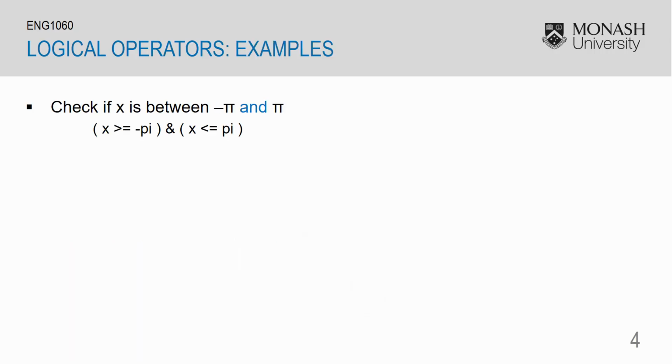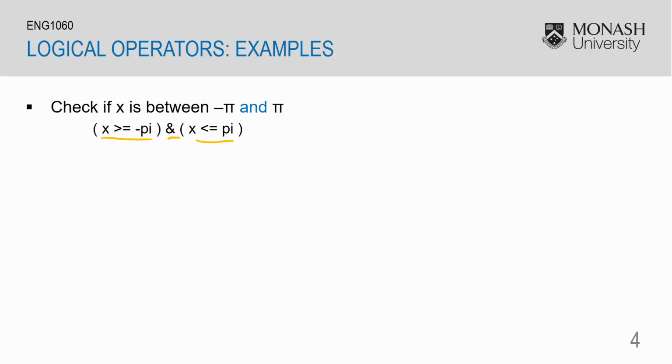Here I'll go through several examples. This statement here is we're checking whether x is between negative pi and pi. In MATLAB, we would write this as x greater than or equal to negative pi and x less than or equal to pi.